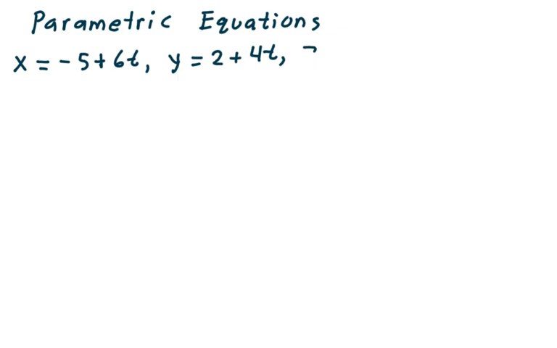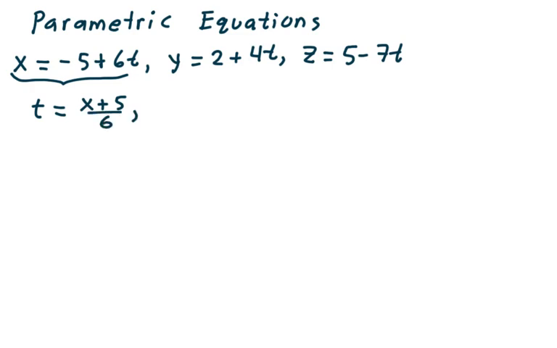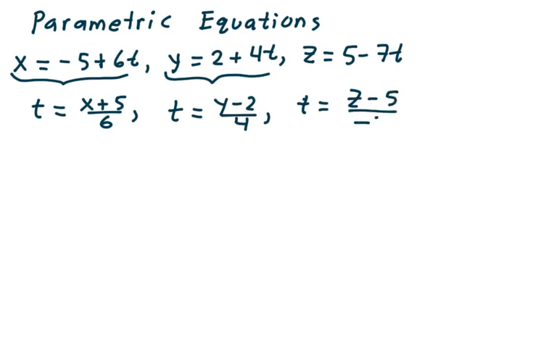In each of these equations, what I want you to do is solve for t. From the first equation, t is (x plus 5) divided by 6. For the second equation, t equals (y minus 2) over 4. In the third equation, t equals (z minus 5) divided by negative 7.